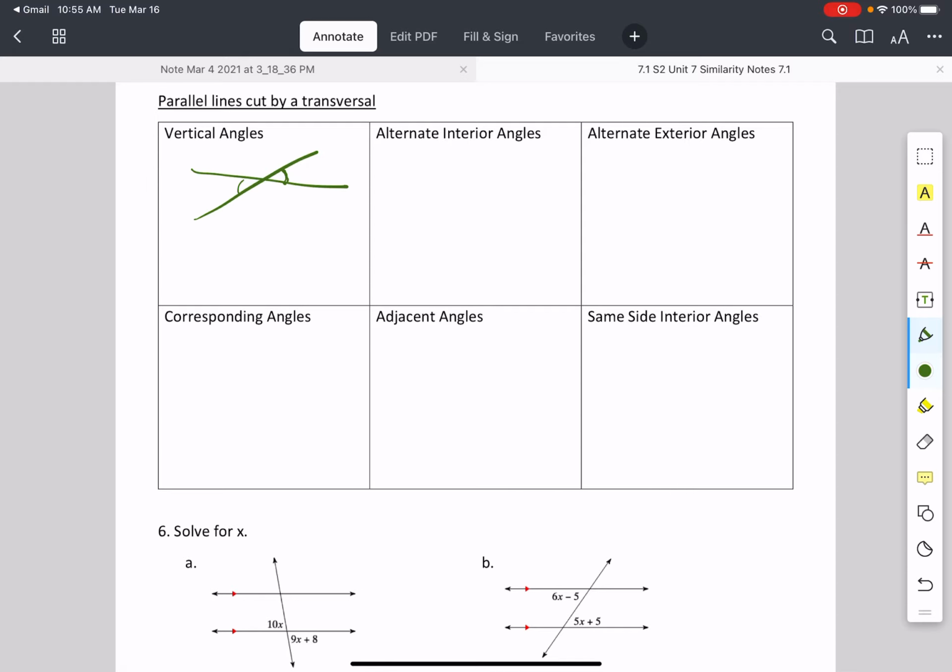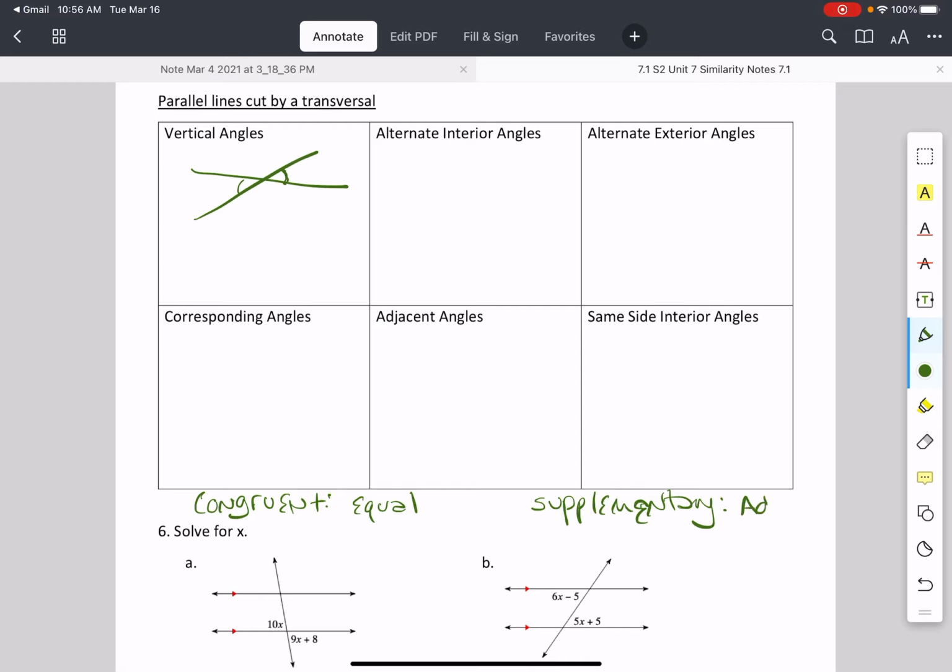Oh, we need to review congruent. Anybody remember what that means? Equal, good. And then we need to review supplementary. Supplementary. Anybody remember what that means? Add to what?